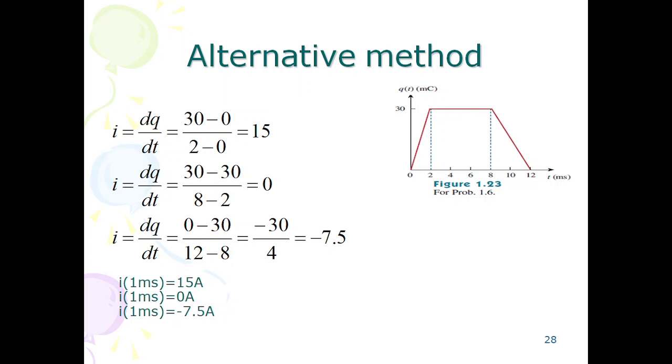Then from interval 2 to 8 second, the charge is constant, that is 30 millicoulomb, while the time is changing 6 units, 6 second, so i is equal to 0, while from 8 to 12 second the charge is decreasing from 30 millicoulomb to 0, while time is increasing from 8 to 12.